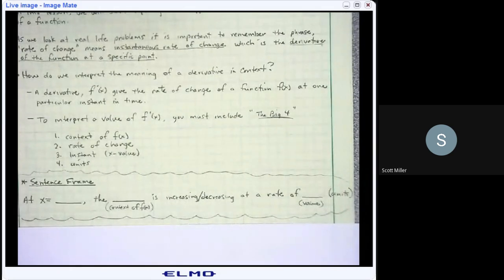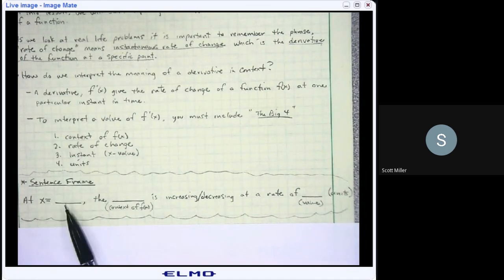Okay, and it'll make more sense as we do an example to show you. So at x equals this value, that's the instant, and then the context of the function, and the derivative tells me if a function is increasing or decreasing at a particular rate.